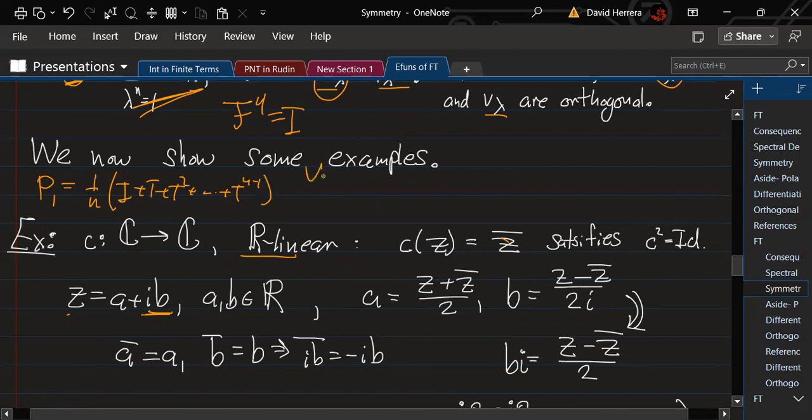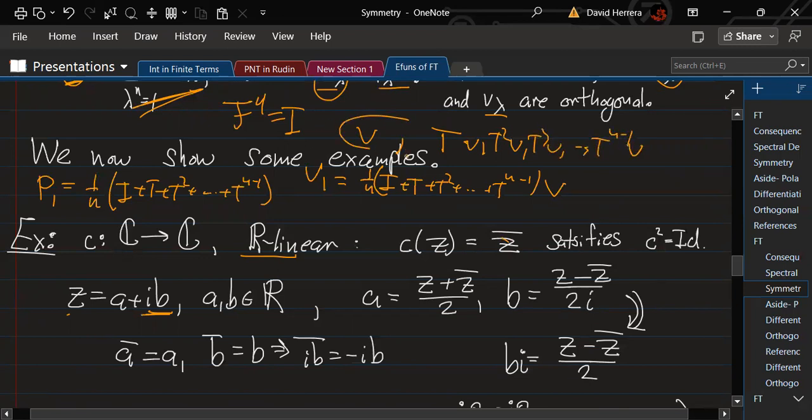So if I have v1, which is the eigenvector with eigenvalue 1, that's just 1 over n times (I plus t plus t squared plus up to t to the n minus 1), all applied to v. So here I have a v, I have a tv, I have a t squared v, I have a t cubed v, all the way to t to the n minus 1 v.